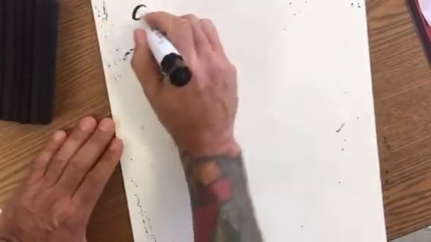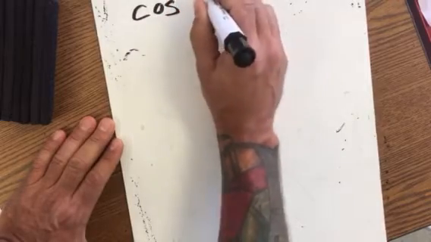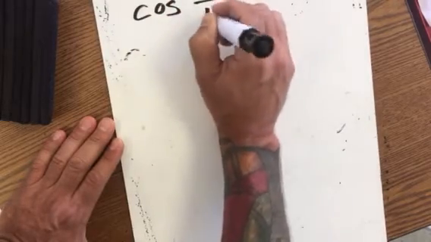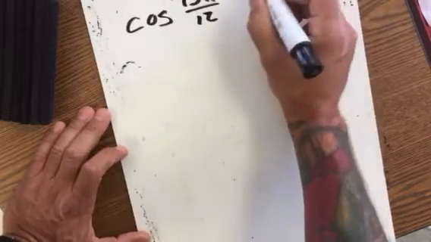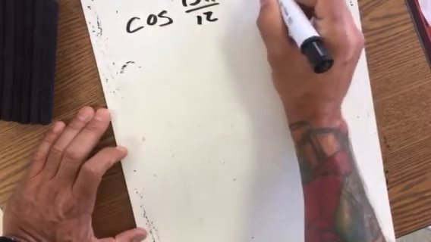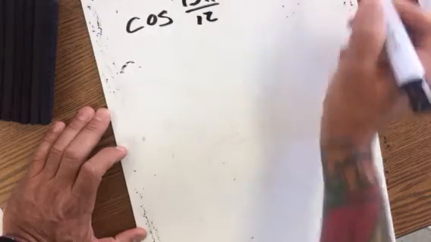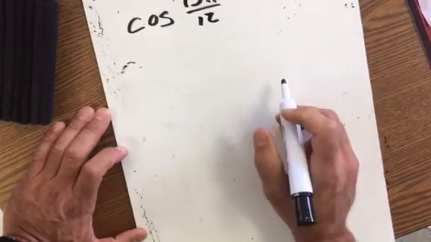So the next problem tells me the cosine of 13 pi over 12. So the 12ths that I can use are really 3, 4, or 6. So I'm looking for some combination.